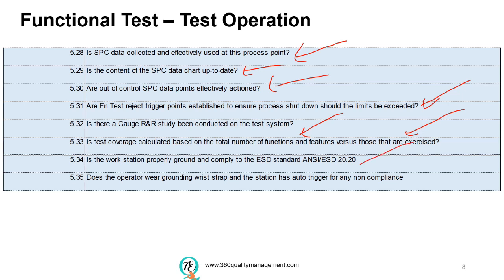The workstation should be properly grounded in compliance with the ESD standards, and the operator must wear a wrist strap all the time at the workstation, and the best is to have an auto trigger if there is a non-compliance or violation on the grounding.